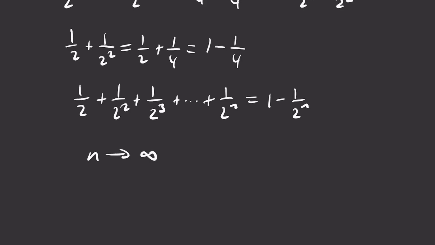So the larger n is, the smaller the thing that we're subtracting will be. And so as n approaches infinity, this sum will approach 1, because this part will approach 0.